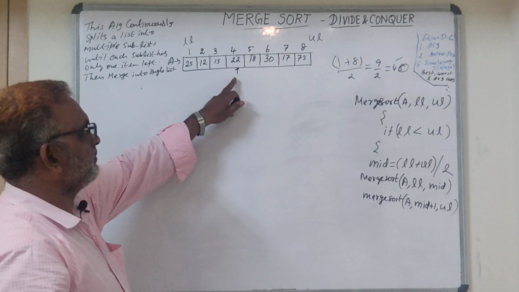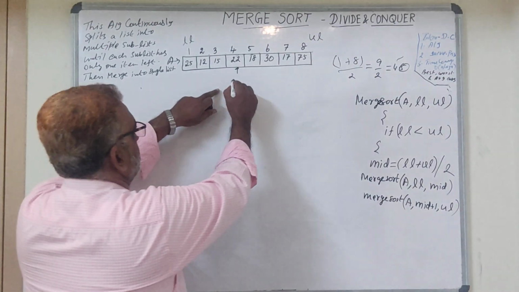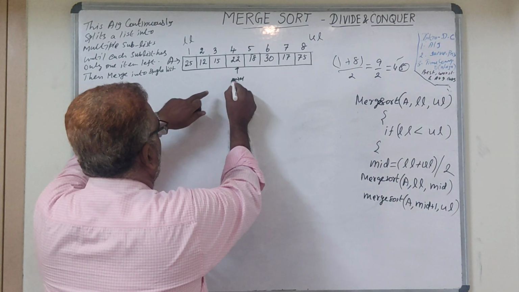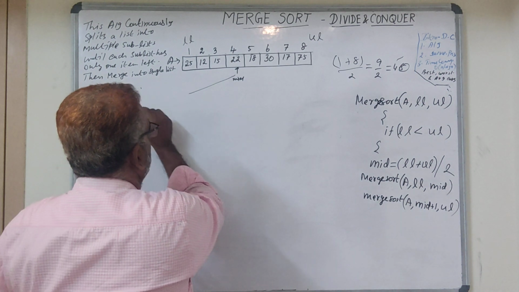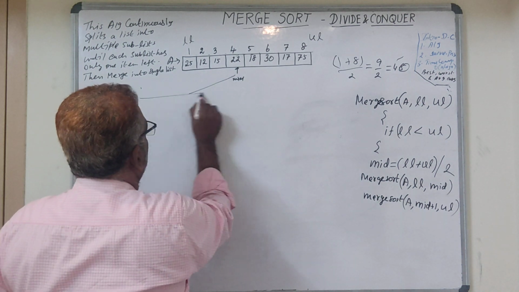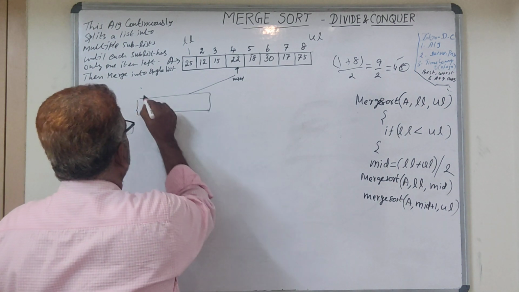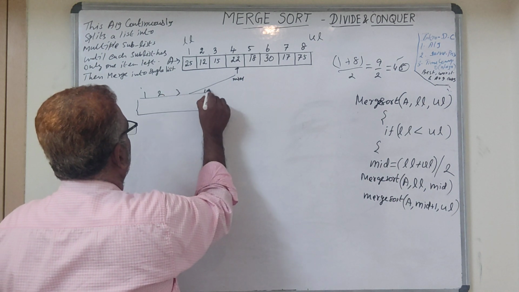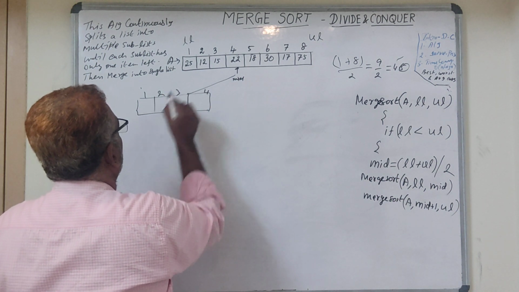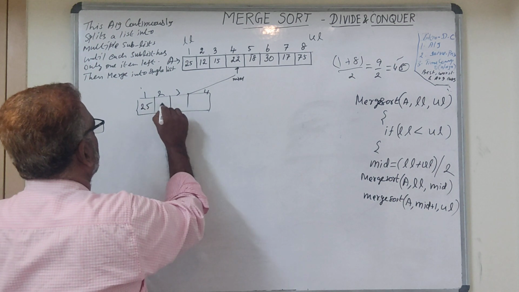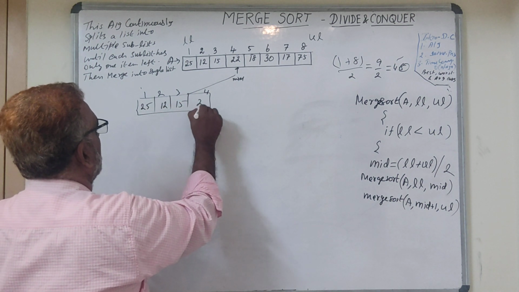So for example, if I say this is the midpoint, this is mid, you have to split this part into a separate list. The list contains 4 values: 25, 12, 15 and 22.